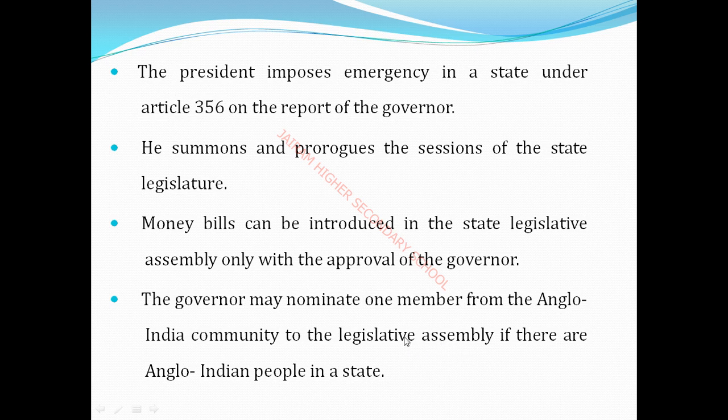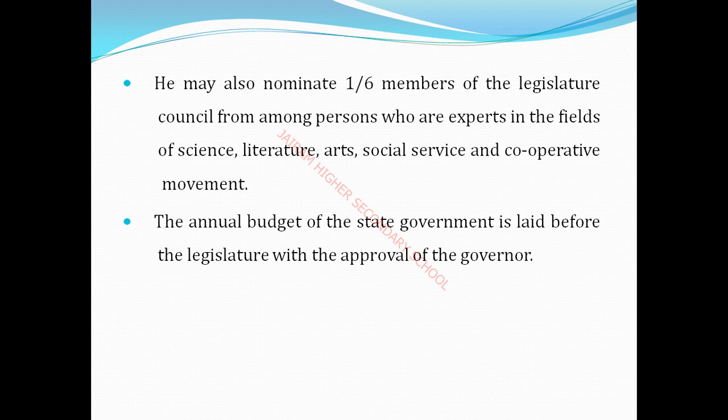Okay, children, see the next one. He may also nominate 1/6 members of the legislative council from among persons who are experts, especially in the field of science, literature, art, social service, and the cooperative movement.